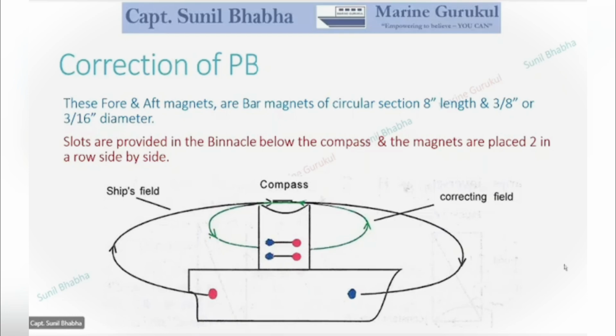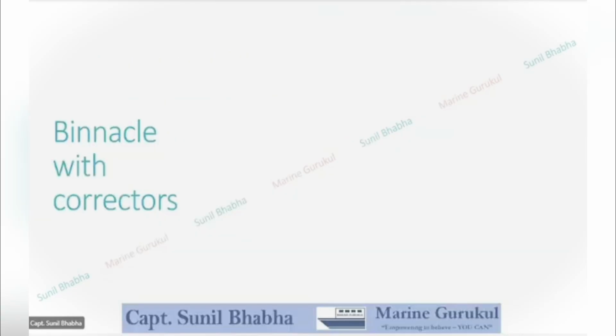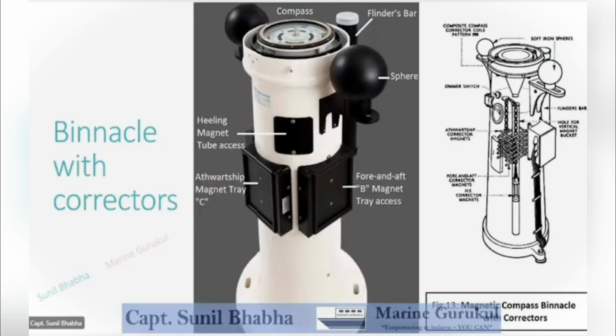Let me show you an actual binnacle now where these magnets are placed. Let me show you these fore and aft permanent corrector magnets in the binnacle. You can see a diagram of the binnacle. We have the compass here and we have these spheres which are fitted in the outward ship direction. Exactly below the compass, you see one particular pipe is going down.